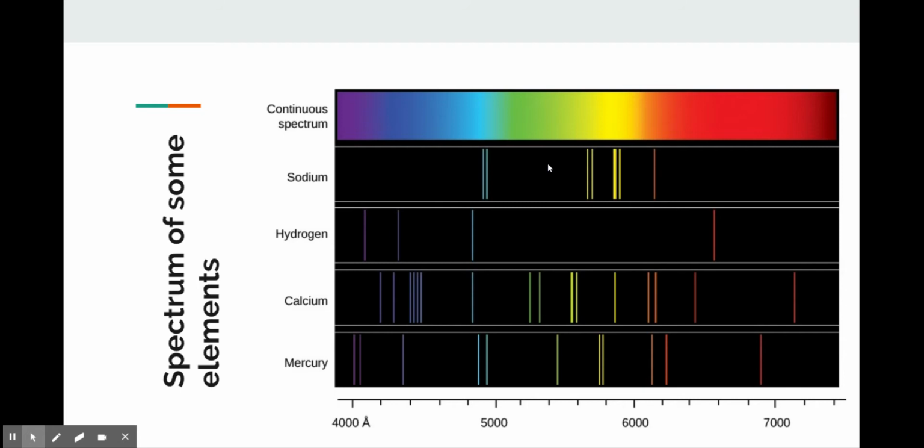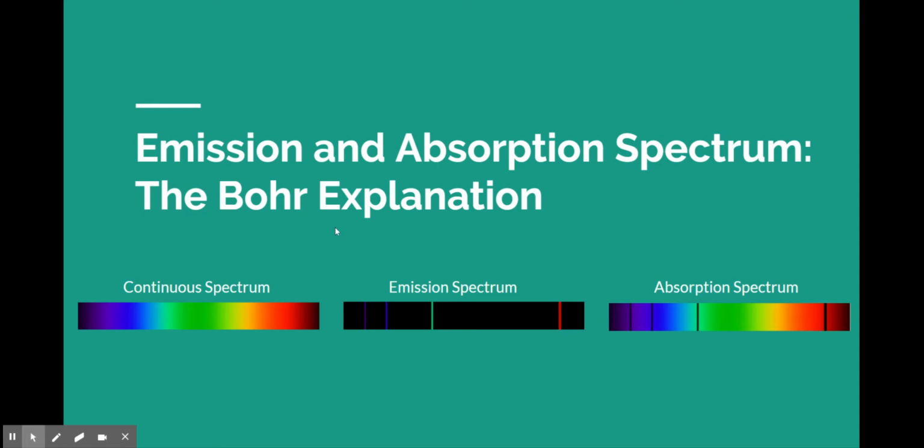So let's get back to the Bohr model, or the Rutherford/Bohr model. Rutherford couldn't explain these bands. So it took Niels Bohr's new model to come up with a theory as to how these bands are being produced. We'll use the term continuous spectrum to refer to this full spectrum, Roy G. Biv.